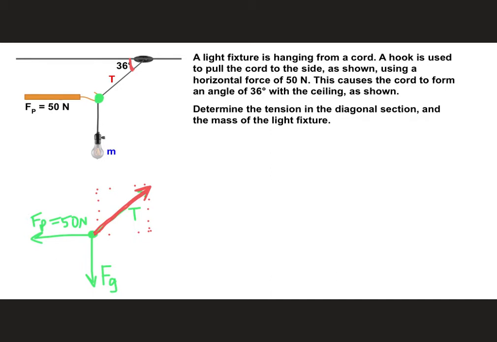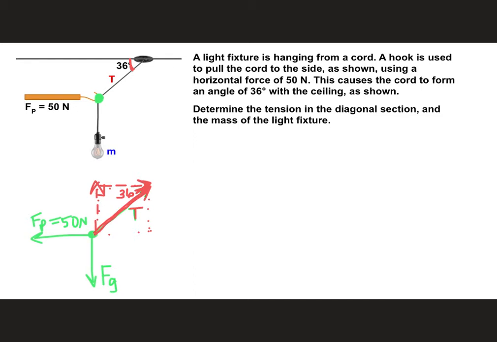So I'm going to go ahead and put in some components. My tension force pulls up and to the right, and so my components are also up and to the right, and then my angle that I know is right here. Okay, so there's my right triangle that I can work with.